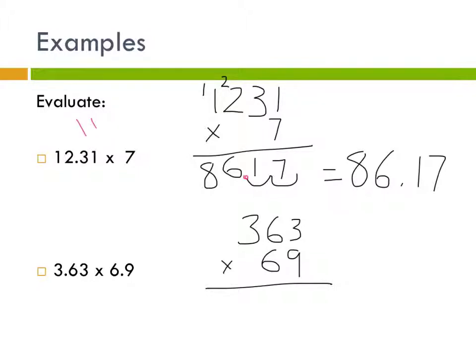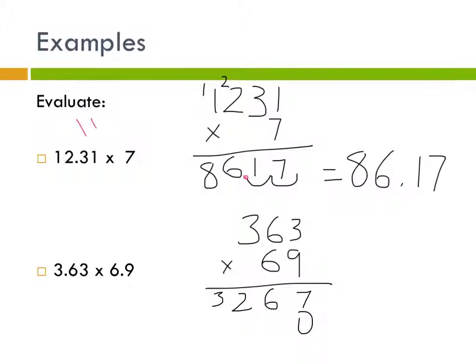So 9 times 3 is 27, carry the 2, 9 times 6 is 54, plus 2 is 56, carry that. 9 times 3 is 27 again. 27 plus 5 becomes 32. Now I add a 0.